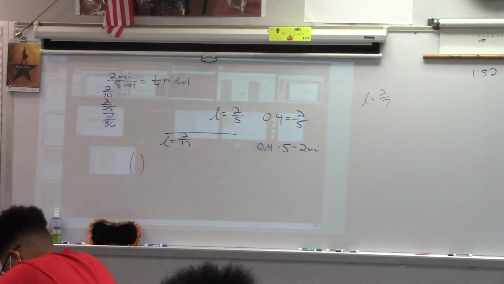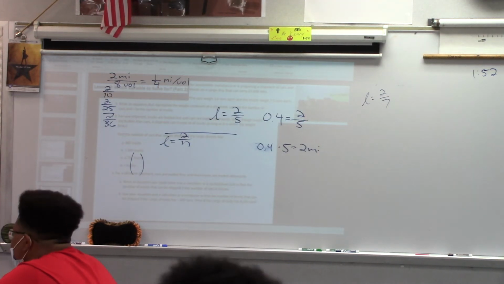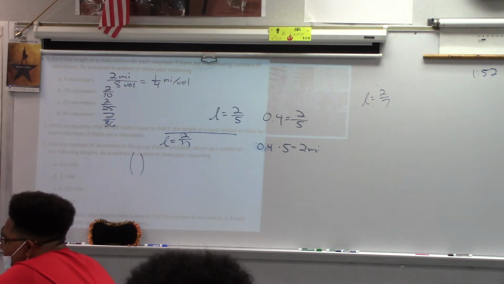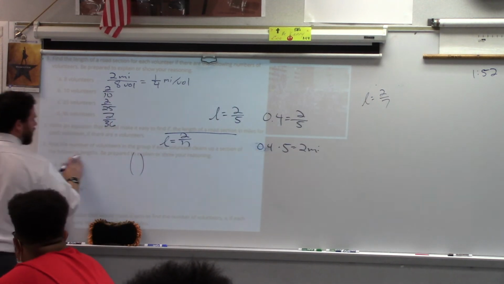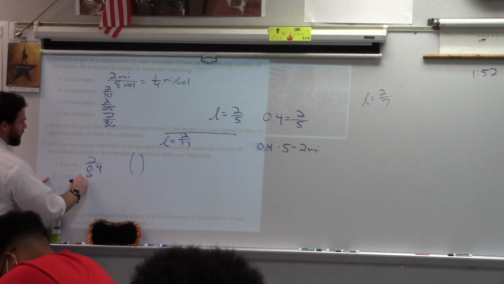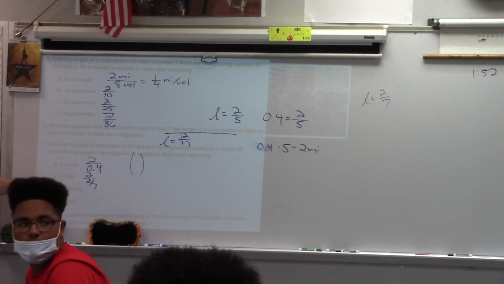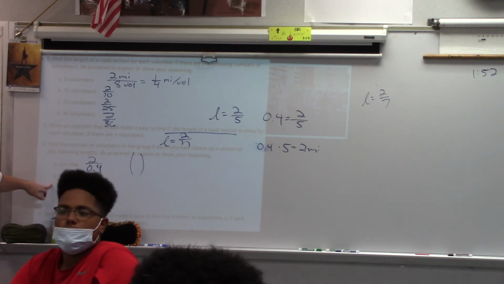And so, okay? No, that's not what I want. There we go. So, we did 2 divided by 0.4. Then we did 2 divided by 2 sevenths. I got 7 but I think I did it wrong. What's yours?